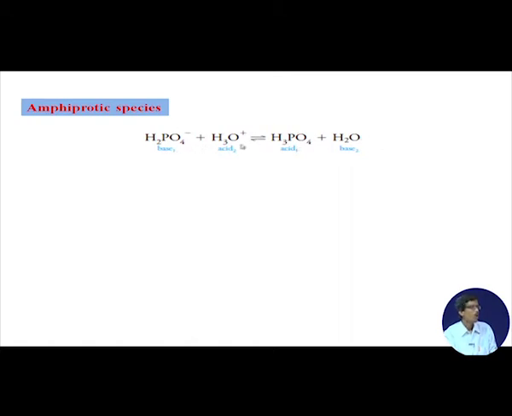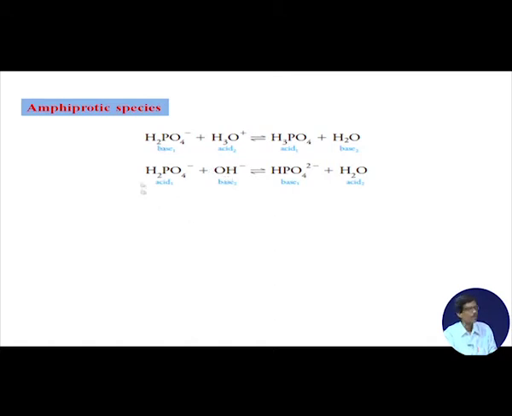And that means, when these two are reacting, we are getting back acid 1 and base 2. So, this is base 1, acid 2 and acid 1, base 2. So, if this is reacting with the base, it gives rise to something else. So, we are looking at the species H2PO4 minus. It can react with something, as it is reacting with the hydronium ion. There it is functioning as a base like our water molecule itself, and in the other case, when you have the base as the hydroxide ion, the hydroxide ion is a strong base, so this cannot function as a base.